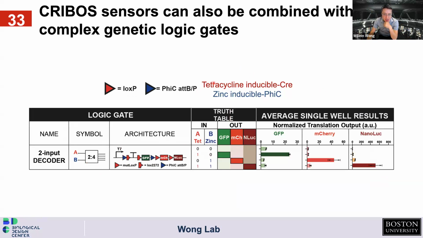Not everyone works well, but we end up using a tetracycline inducible one and a zinc inducible one. We try either of them to control Cre or 5C, and then we can show that we actually can regulate Blaze circuits doing that. So we like to use the Blaze system because it's one of the more complicated circuits. If it works with Blaze, it works with other types of circuits as well.